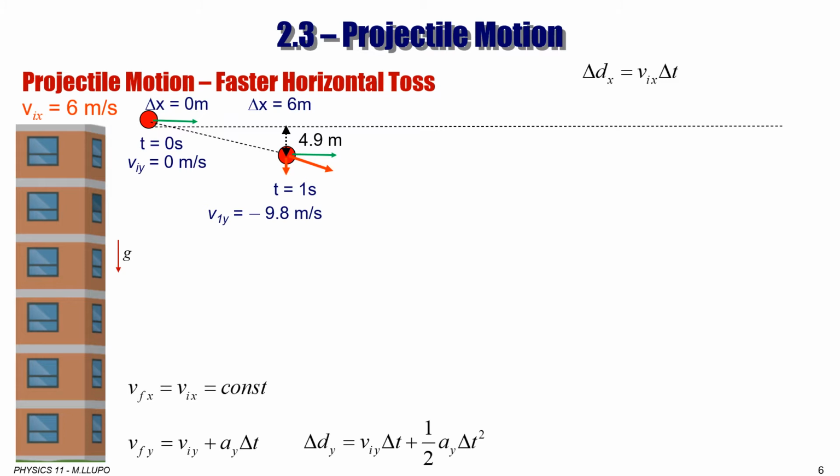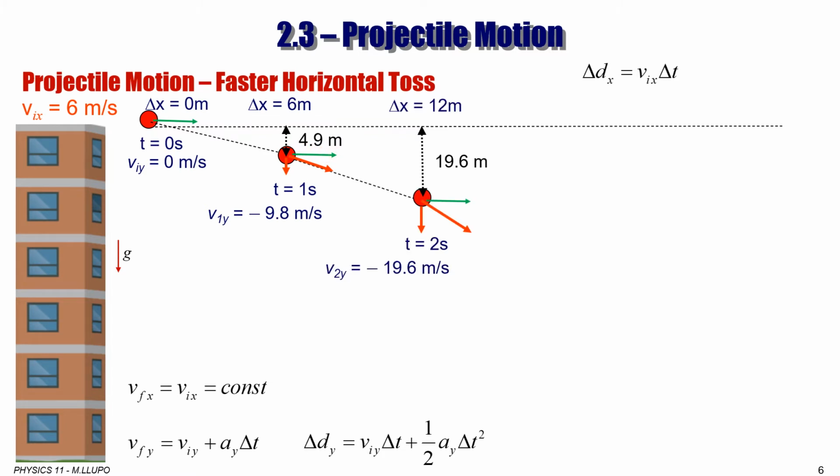So horizontally is going to be a simple formula as we already mentioned. So what about vertically? Vertically is not going to make any change at all because that's the same gravity. And after 1 second, the velocity is going to change at the same rate, 9.8 meters per second down on the y-axis. And displacement is going to be exactly 4.9 meters down.